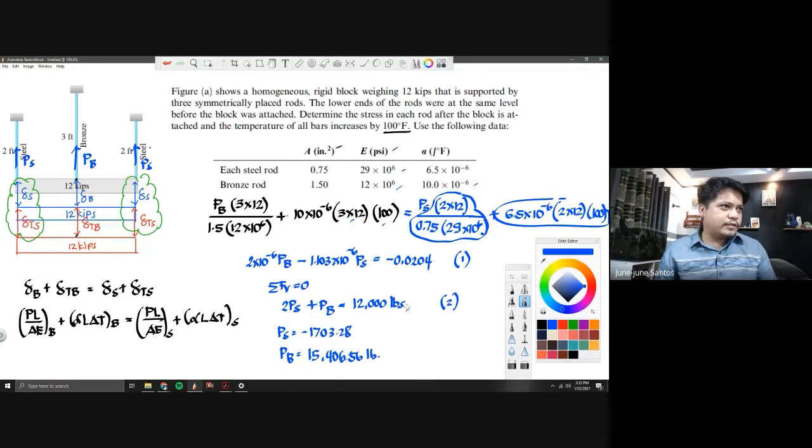Solution. Okay. 6.5, 2 times 10, and then 10 times 10 to the negative 6, 312, PB 1.5. Okay, that's correct. What's wrong?